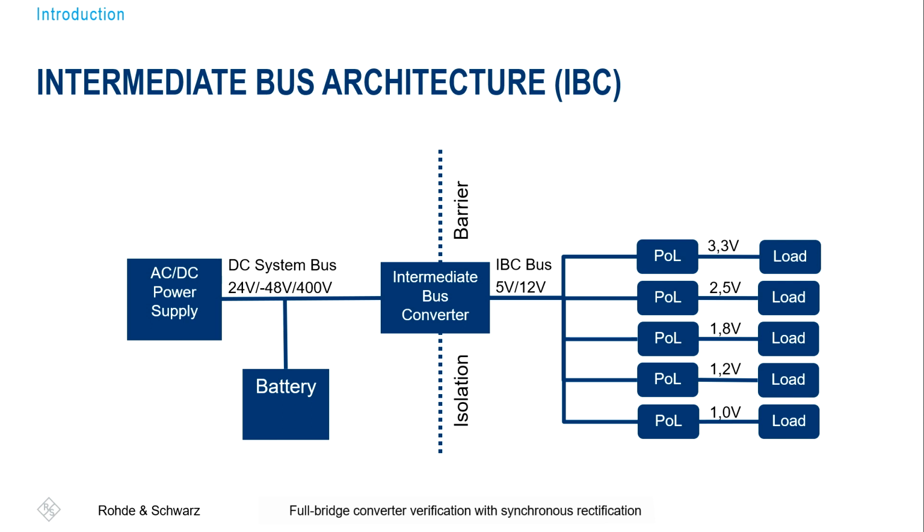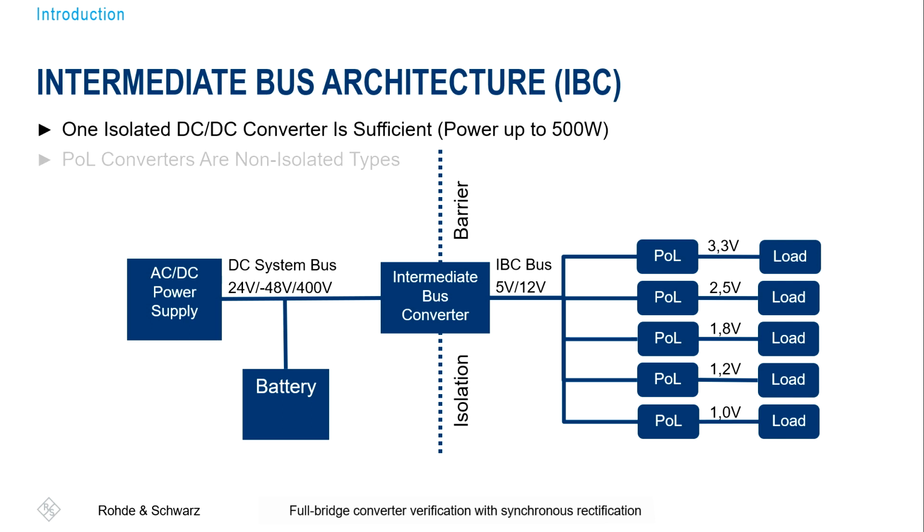From this intermediate bus converter, we have an IBC bus, which ranges from 5 to 12 volts basically. And that is feeding the point of load converters, where we have multiple converters to generate these lower voltages for the complex digital circuits we have nowadays.